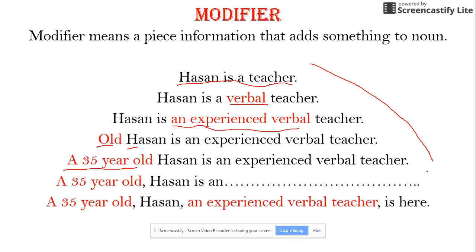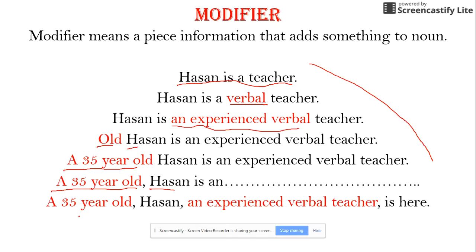Now, how it is connected with a comma, or where it is placed somewhere else, that we have to look at. Look here, a 35-year-old. This is called an opening modifier. And as we know that it is only for Hassan and both are close, it's correct.